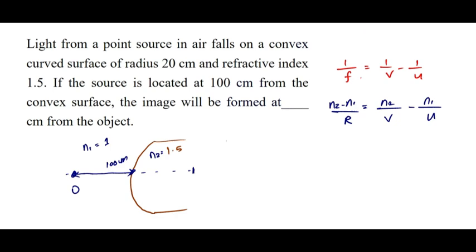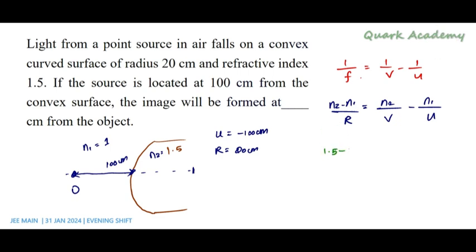Also, we have to follow the same sign convention. Here the object distance is negative 100 centimeter and the radius is 20 centimeter. So we'll substitute everything. n2 is 1.5, minus n1, by R. R is 20 and n2 is 1.5. We don't know v, minus n1, n1 is 1. u is negative 100.